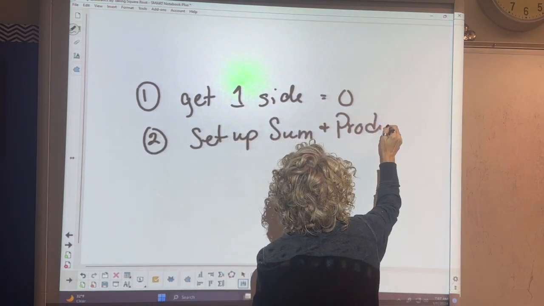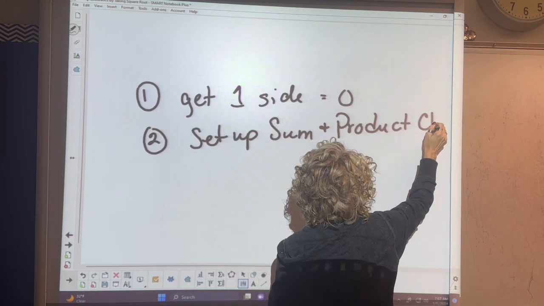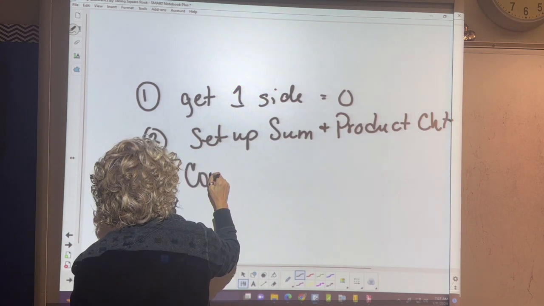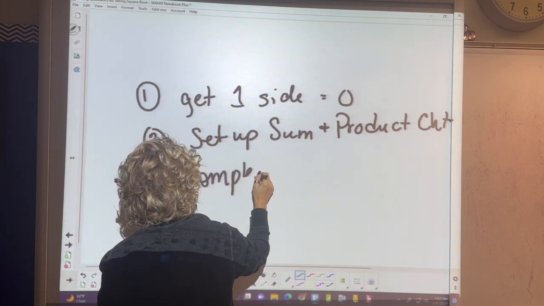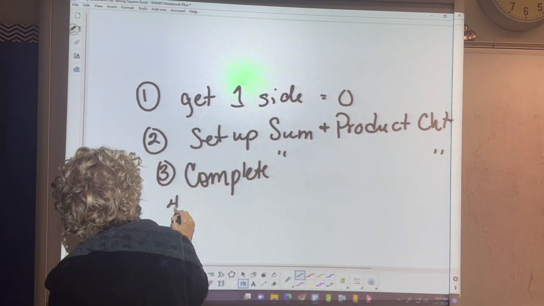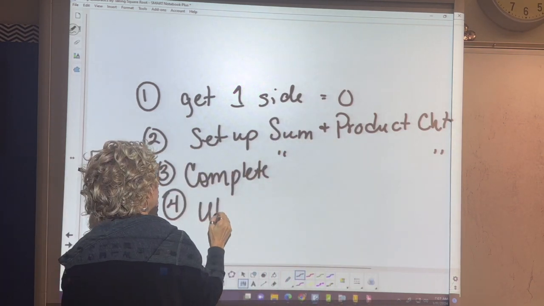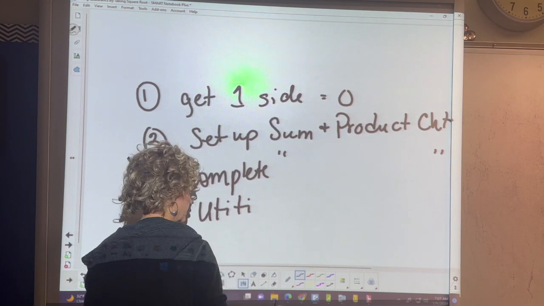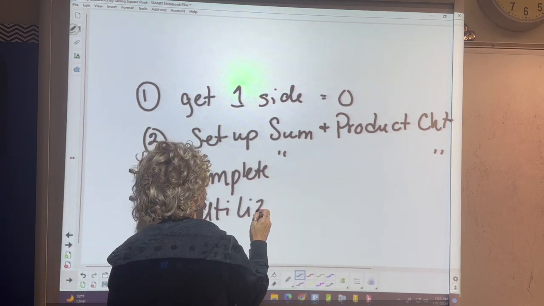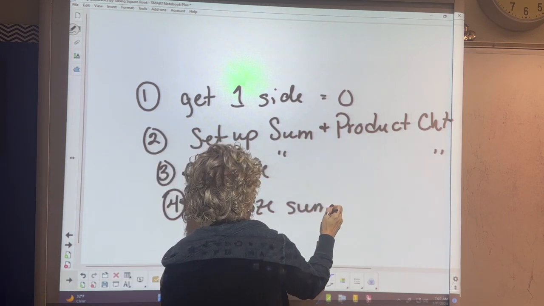Number 3, we're going to complete the sum and product chart. So we've done all of this, and today we're going to utilize the sum and product.